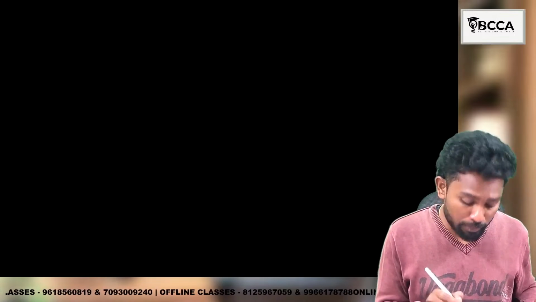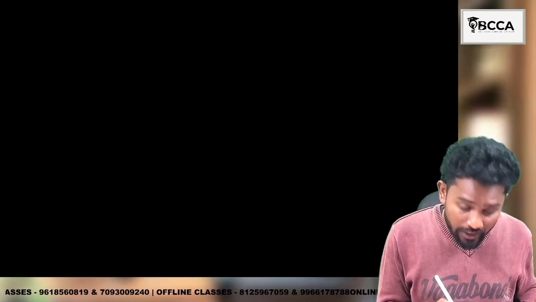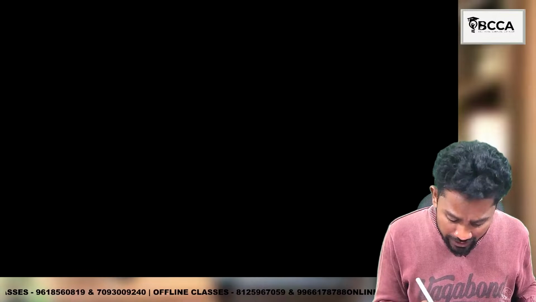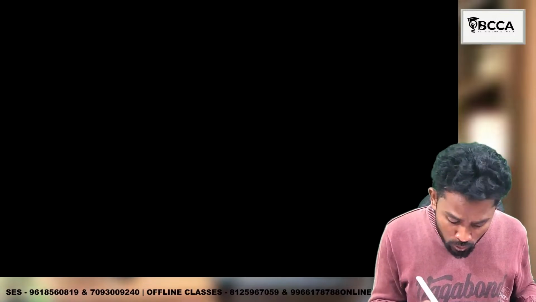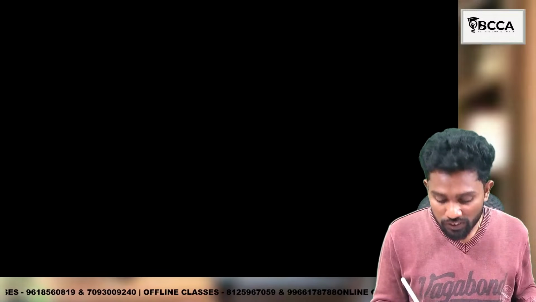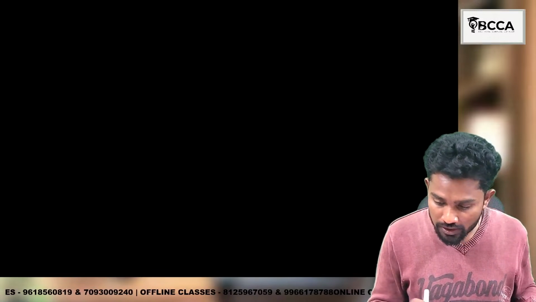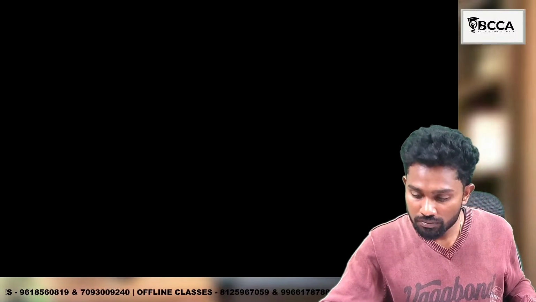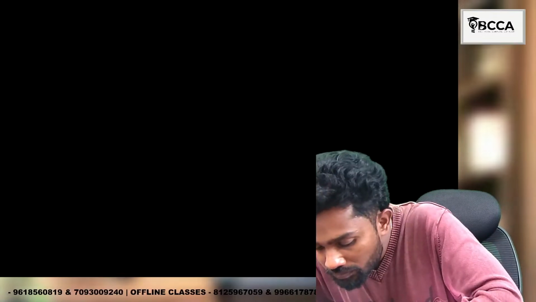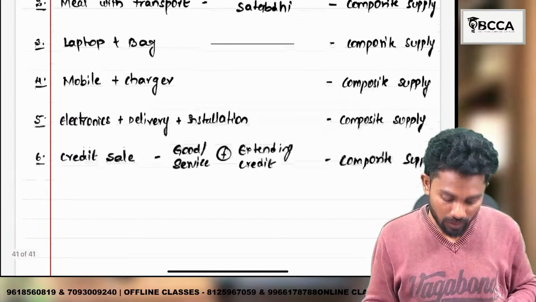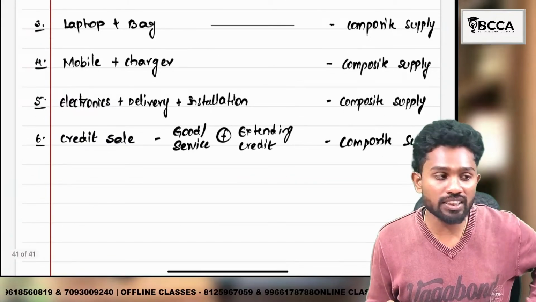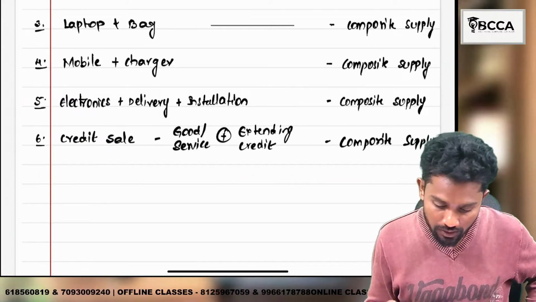Mobile and charger, predominant is mobile. Electronic, I mean AC, its delivery and installation, the predominant is the electronic item. Credit sale, the good or service is being supplied, and for that credit is also offered. Which is important, sir? One second, sir. Okay, good and service, and there is an extension of credit, which is composite supply.